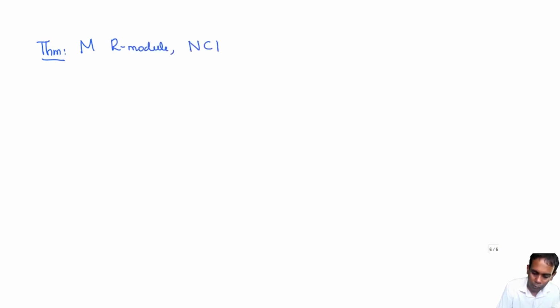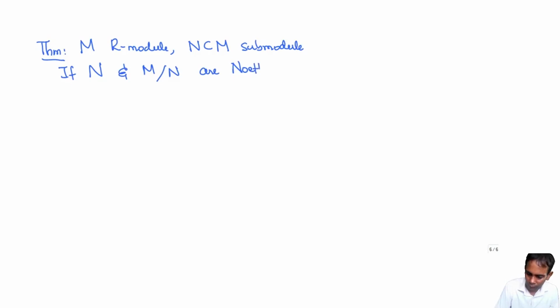N is a submodule of M. And suppose we know that N and M mod N are Noetherian. Then I claim that M is Noetherian.